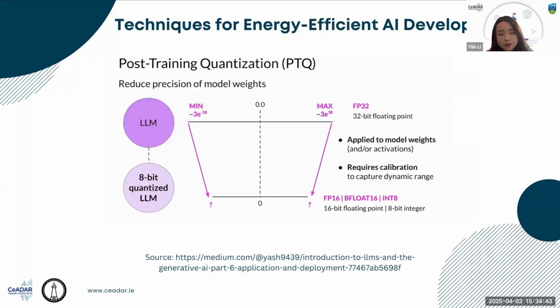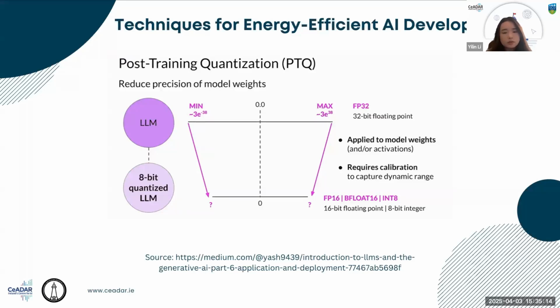And next is quantization. The goal is to make the model smaller and faster by reducing the precision of the numbers. Normally the model uses 32-bit floating point numbers, which are very precise, but also take more memory to calculate.